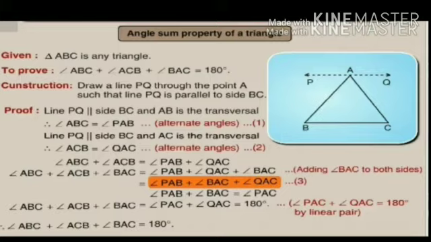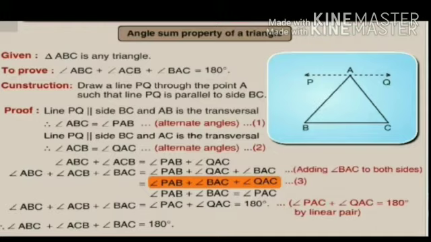Now after that, by adding angle BAC to both the sides, we get angle ABC plus angle ACB plus angle BAC is equal to angle PAB plus angle QAC plus angle BAC. Now as you see in the diagram, angle PAB plus angle BAC is equal to angle PAC.